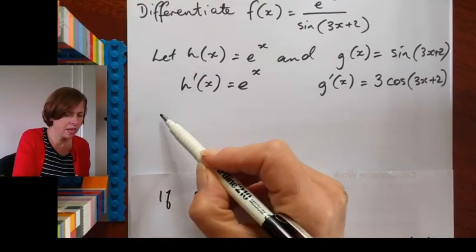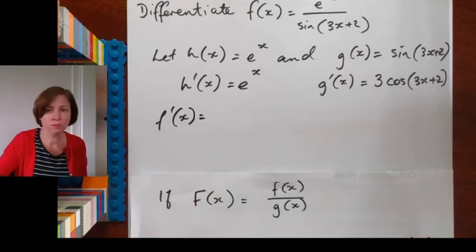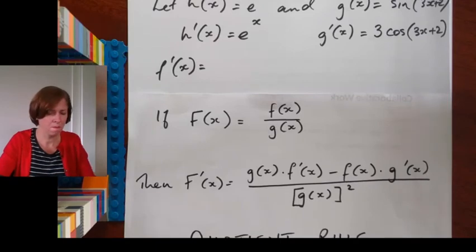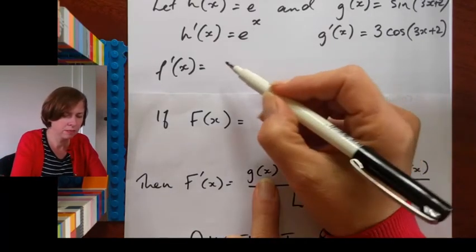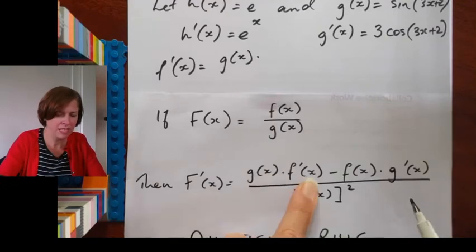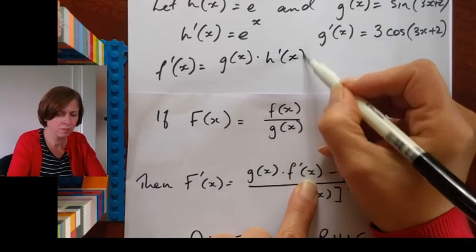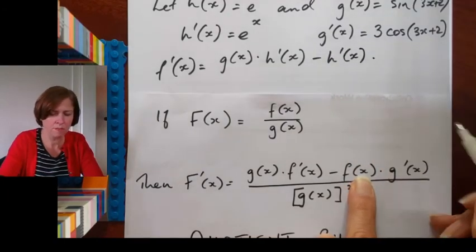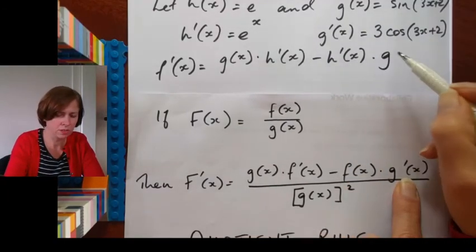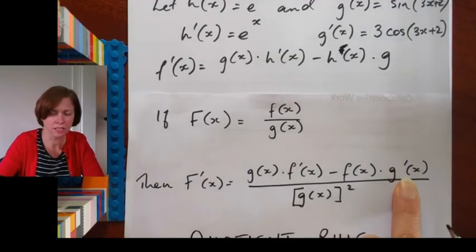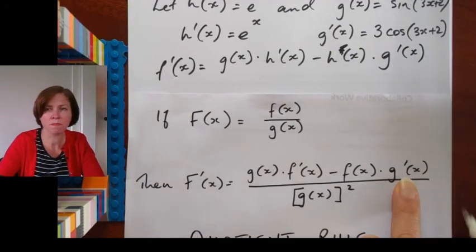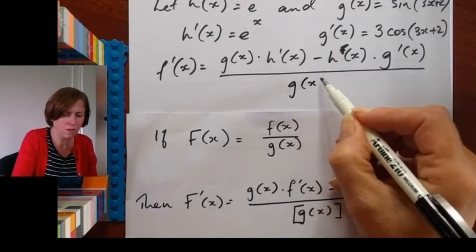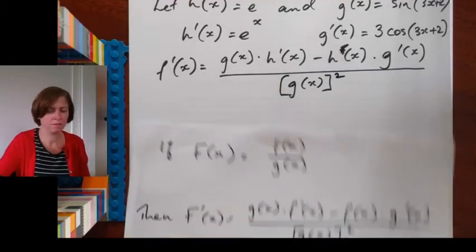So f dash of x is going to equal g of x, which stays the same, times h dash of x, minus h of x times g dash of x, all over g of x squared.